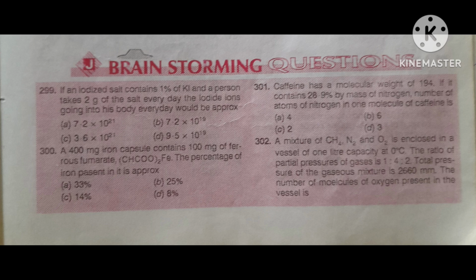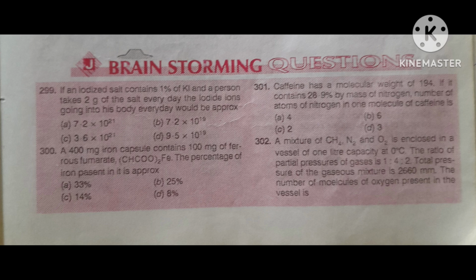Then obviously the oxygen volume is also 1 liter. All three gases are present in 1 liter. It means 1 liter of oxygen is present at 0 degree centigrade and 760 mm pressure.